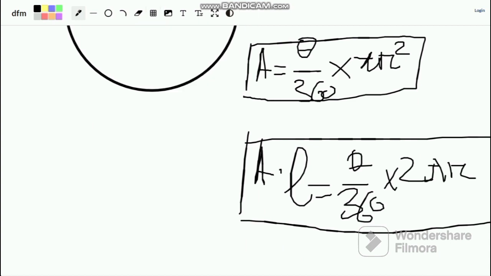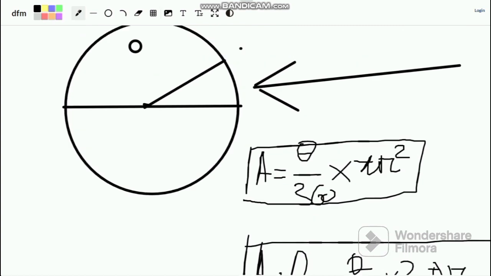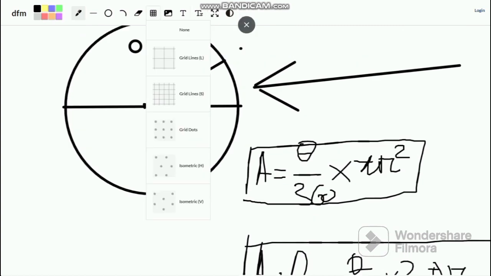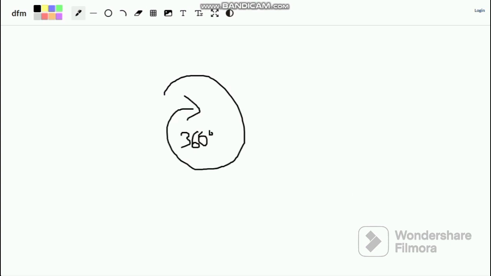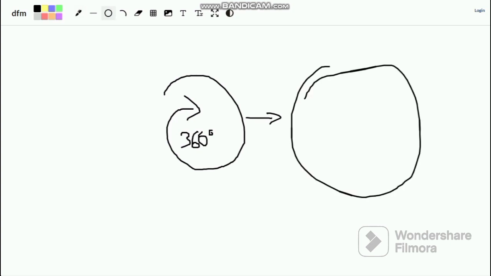Now some of you might think it's crazy to go with this formula. What is this formula? Let's understand the revolution of a circle. Let me erase all these things right now. What's a revolution? A revolution is basically 360 degrees. That means a circle consists of a revolution. Sorry, that's an irregular circle.